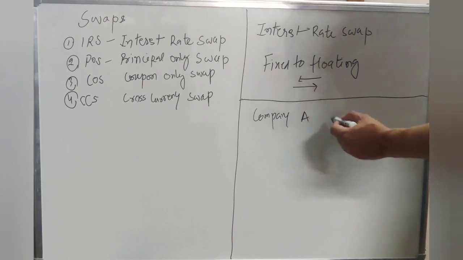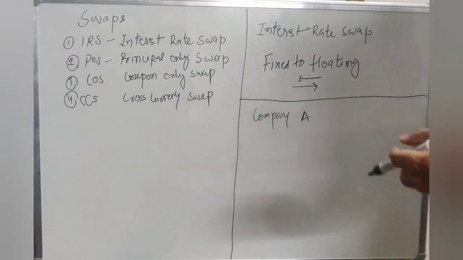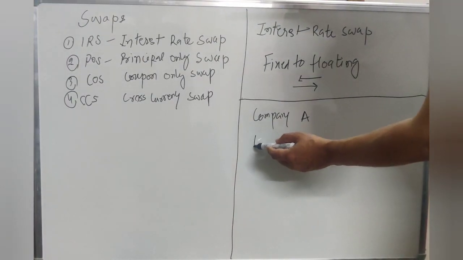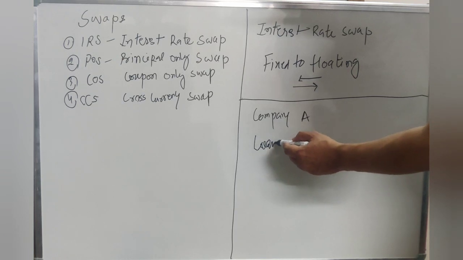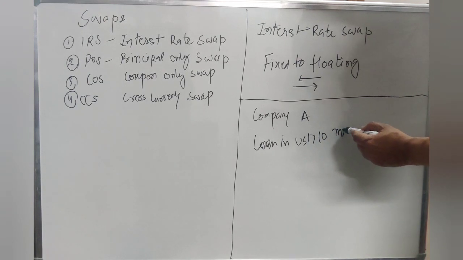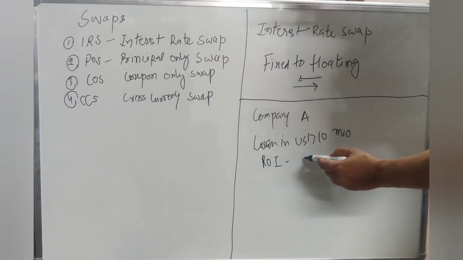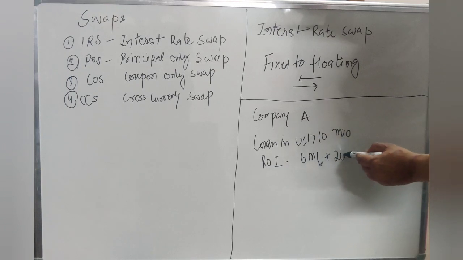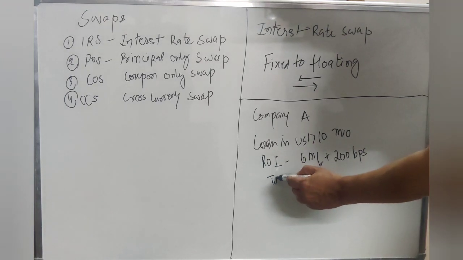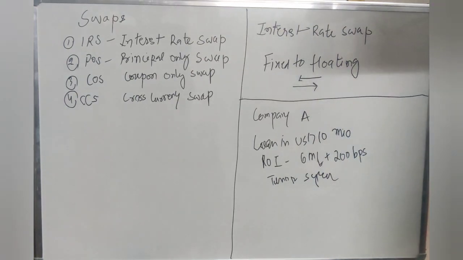Let's suppose there is a company A which has one loan, and the loan amount is USD 10 million, and the rate of interest for this loan is, let's suppose, 6-month LIBOR plus 200 bps, and the tenor of this loan is 5 years.